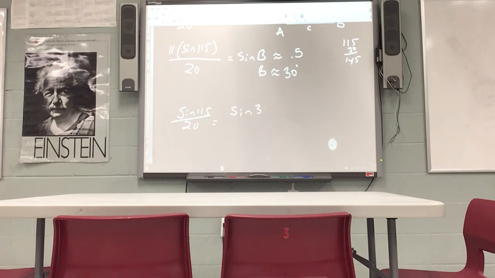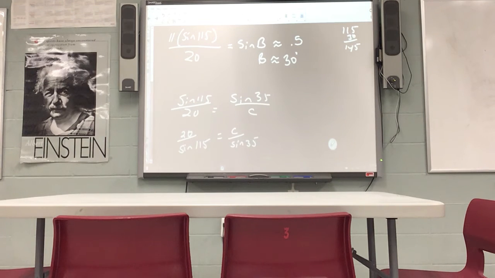So sine of 35 over C. Okay, this is not a friendly looking thing here. This might be a time when I want to flip it. Because remember on the first page on those notes you wrote down, you could put either one on top, couldn't you? It's a lot easier to solve for a variable that's on top. So let me just rewrite both of these real quick. Have 20 over the sine of 115 equals C over the sine of 35.